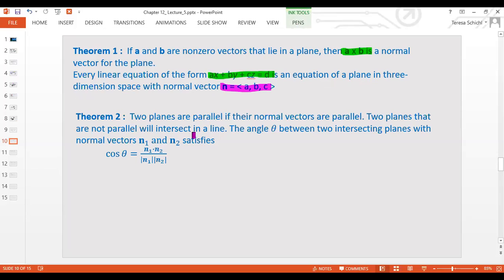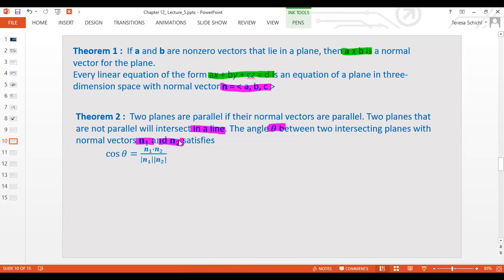Then theorem number 2 is also a very important and very beautiful theorem. It says if two planes are not parallel, then they intersect in a line. The angle between these two planes is just the angle between the two normal vectors.